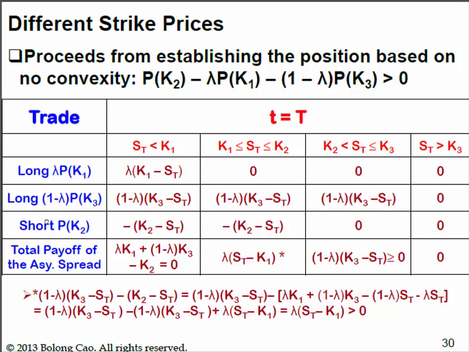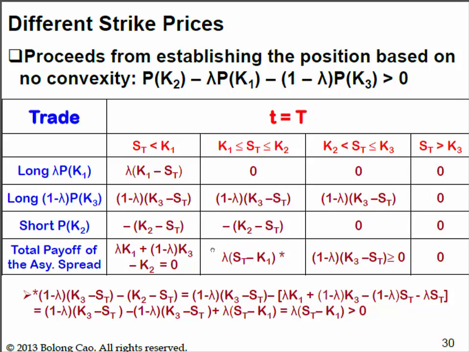We take long lambda P K1 and long 1 minus lambda P K3. So the top inequality here is my cash flow. My cash flow upfront at time 0 is positive. This is a cash flow, and the different trades are listed in the first column. Those are my positions.